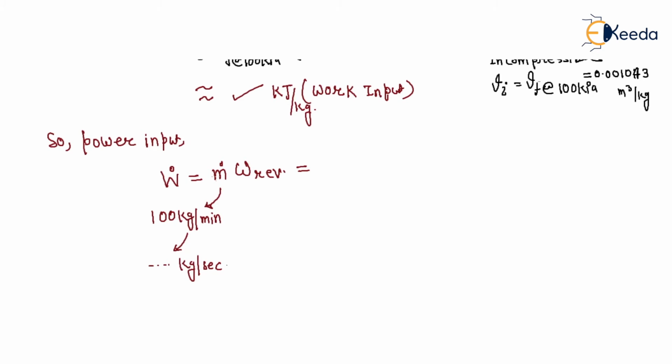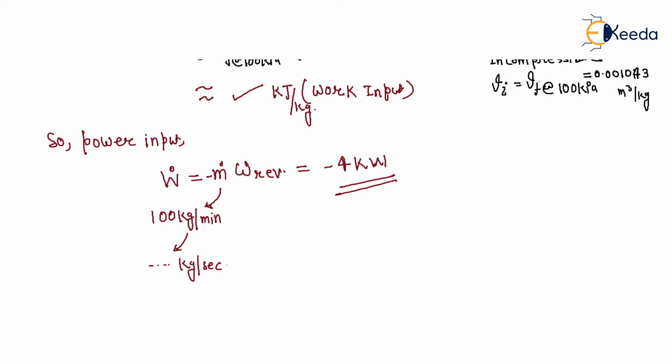So this is minus 4 kilowatt, because this is a minus value. So this is the pump input, right?